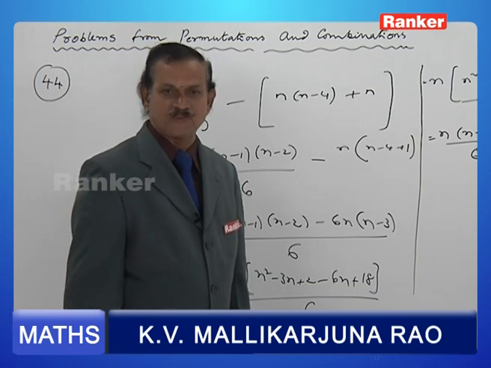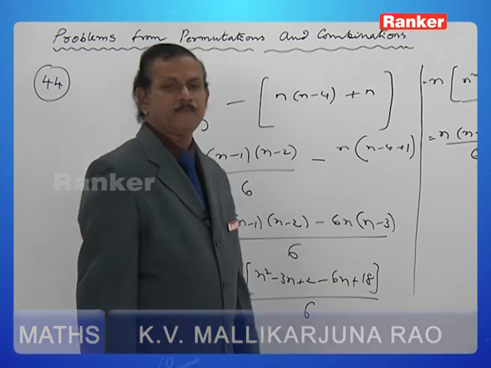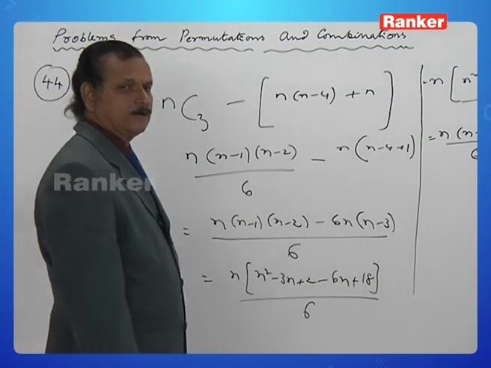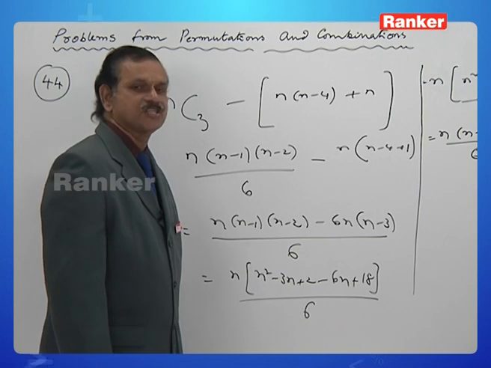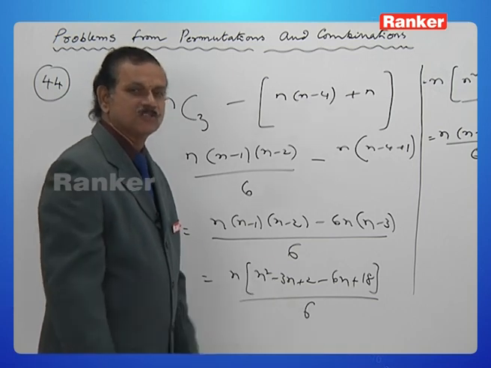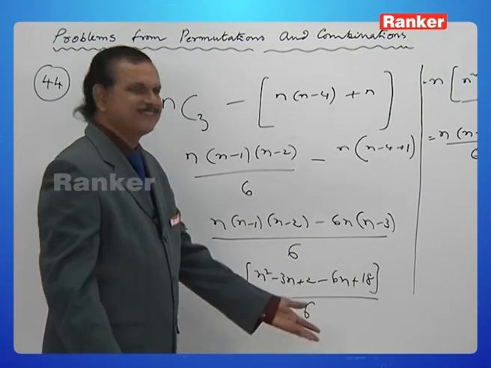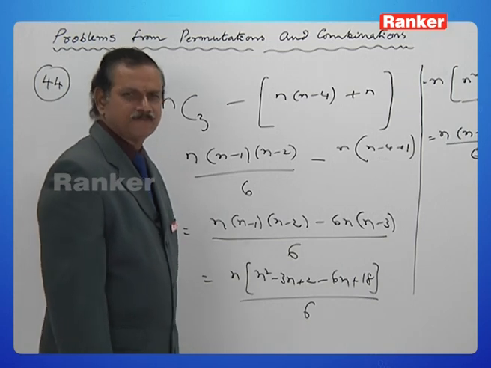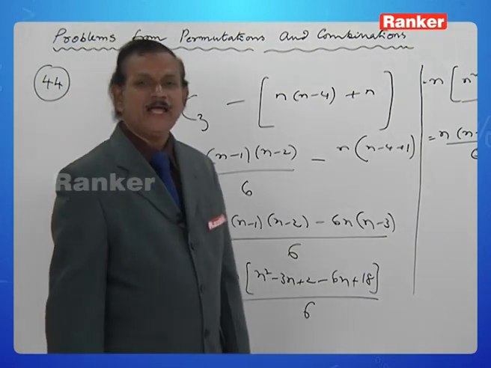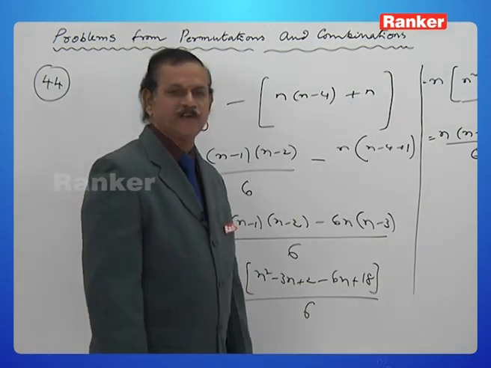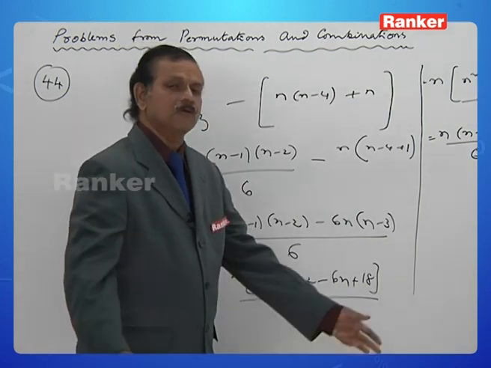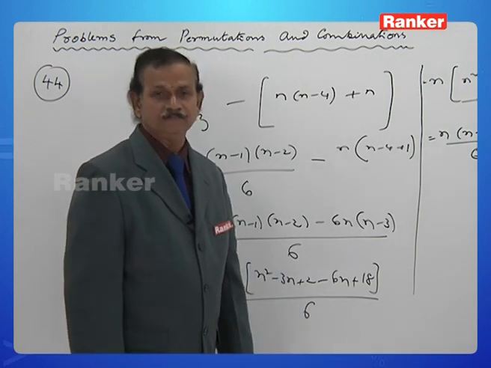In the next occasion or in the next question, you may be asked to have the number of triangles that can be formed by joining the vertices of an octagon which have no sides in common with that of the polygon. What is that? It is just enough if you can substitute 8 in the place of n. What is the answer? 8 into 8 minus 4 into 8 minus 5 by 6. You calculate and get the answer.